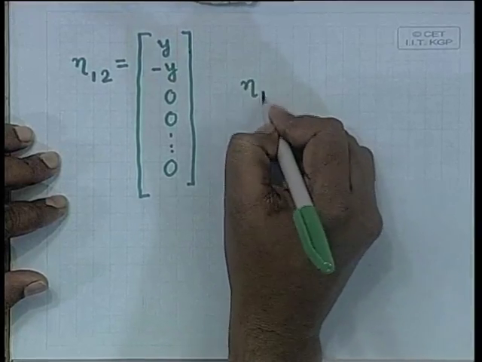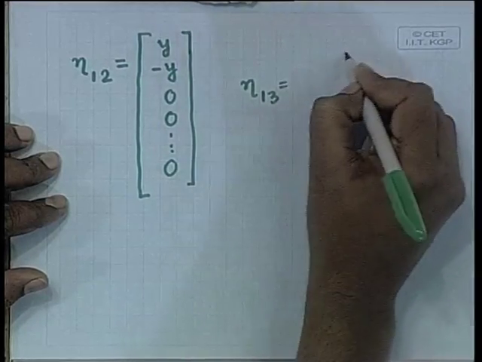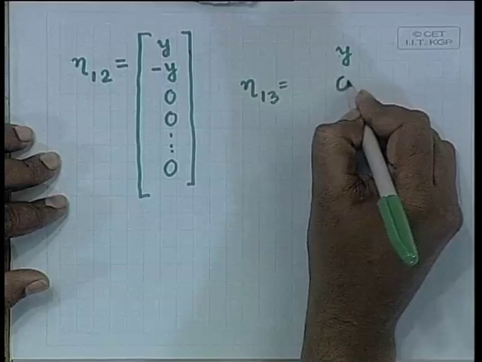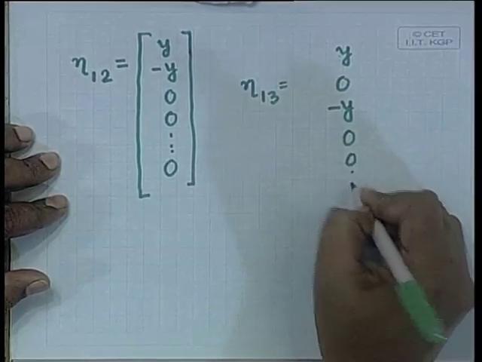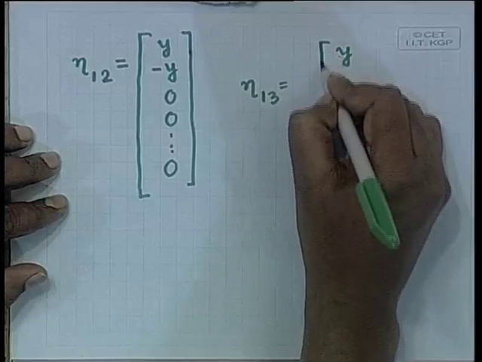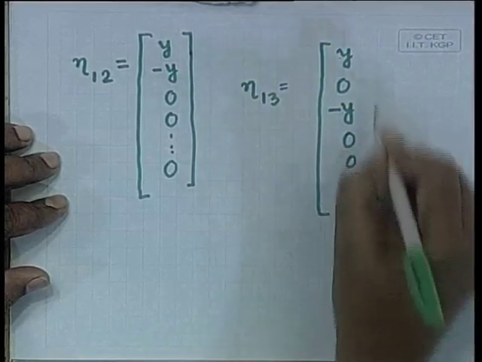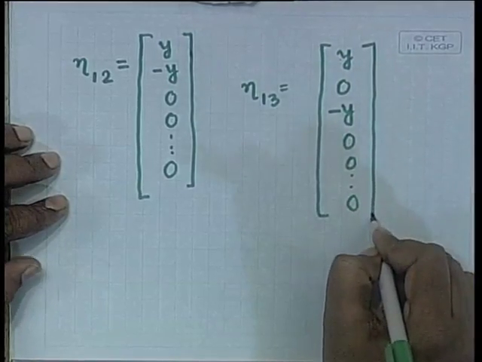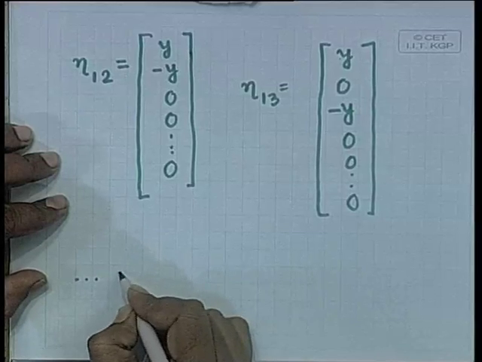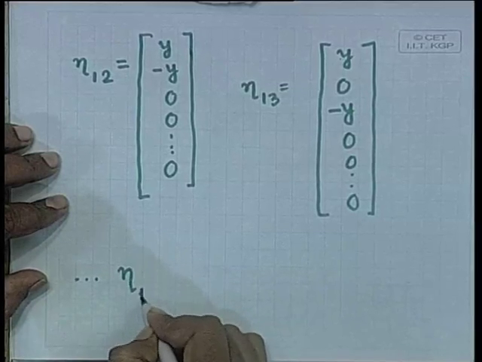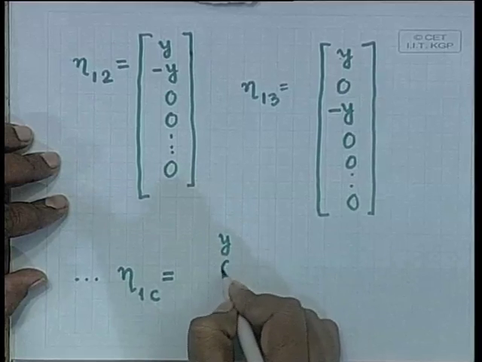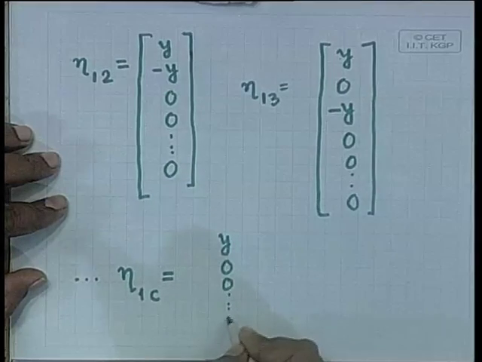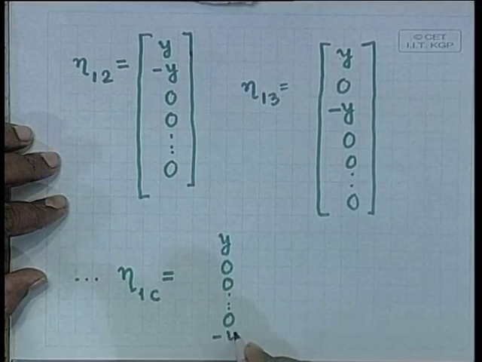Eta 1 3 will be y 0 minus y 0 0 0. It will continue like this, eta 1 c will be equal to y 0 0 0 minus y.